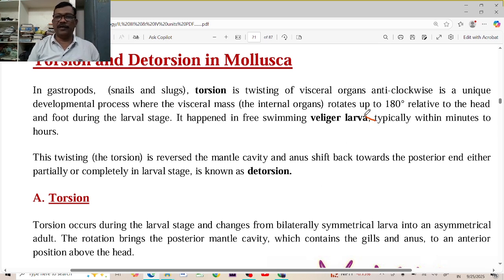The normal larva of these gastropods is called the veliger larva. During this veliger larva, some of the organisms, for example our snail, can undergo the torsion, which can fold their body 180 degrees.